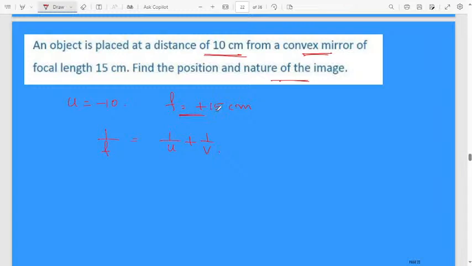That's why I am considering f as positive. Then consider the mirror formula: 1 by f minus 1 by u equals 1 by v.